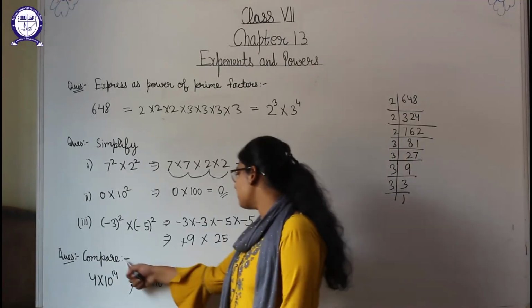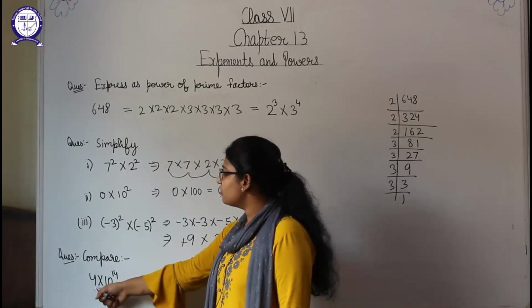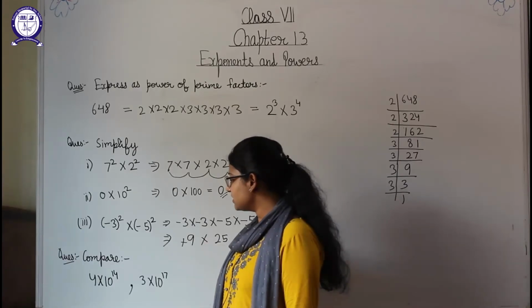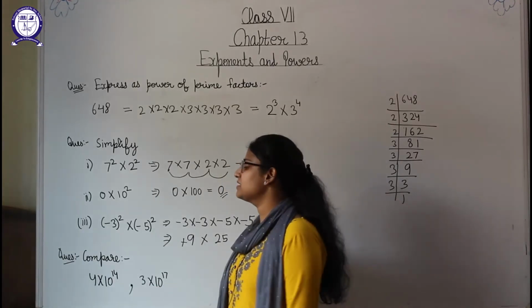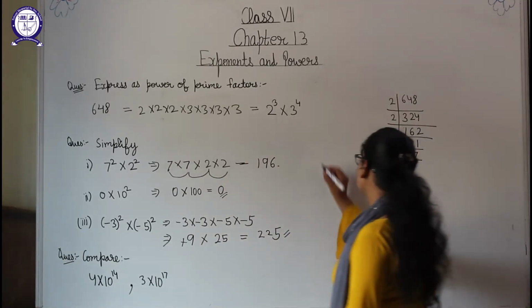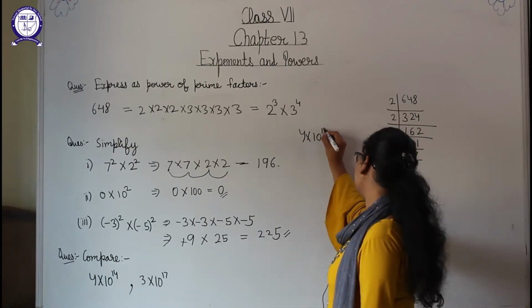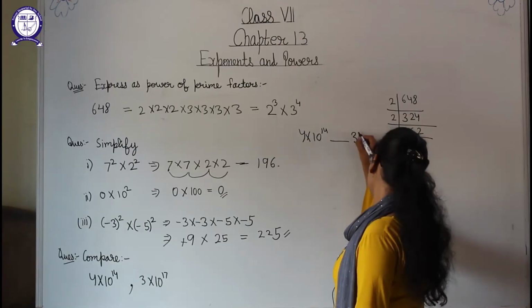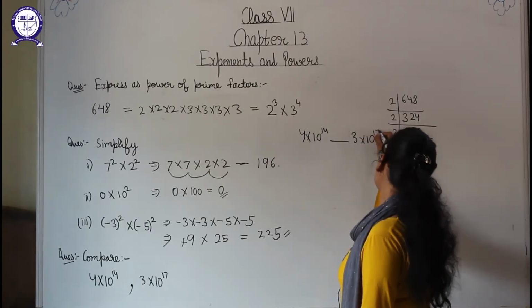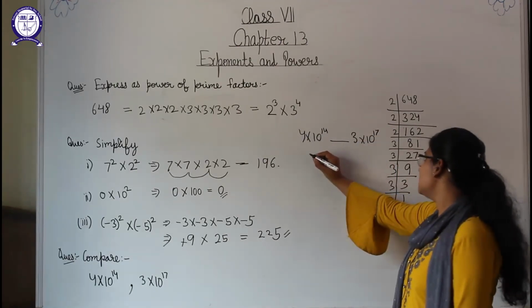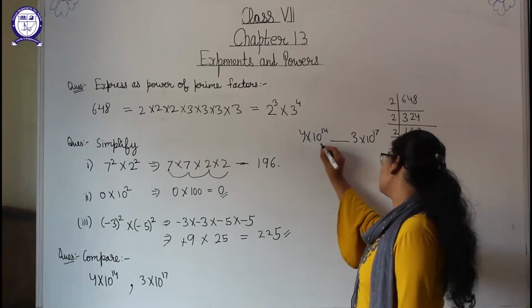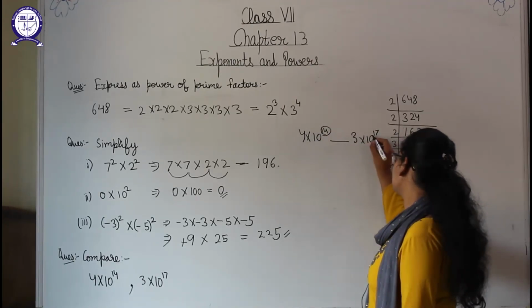Now compare. We have to compare between them. Here 4 into 10 raised to the power 14 is given and 3 into 10 raised to the power 17 is given. So students, in this kind of question we have to compare between them. Here we see 10 raised to the power 14 and 10 raised to the power 17.